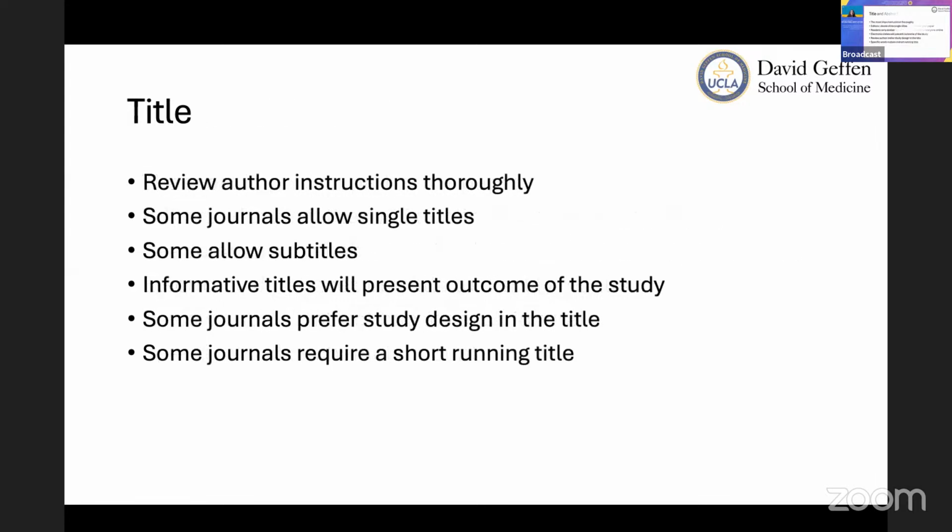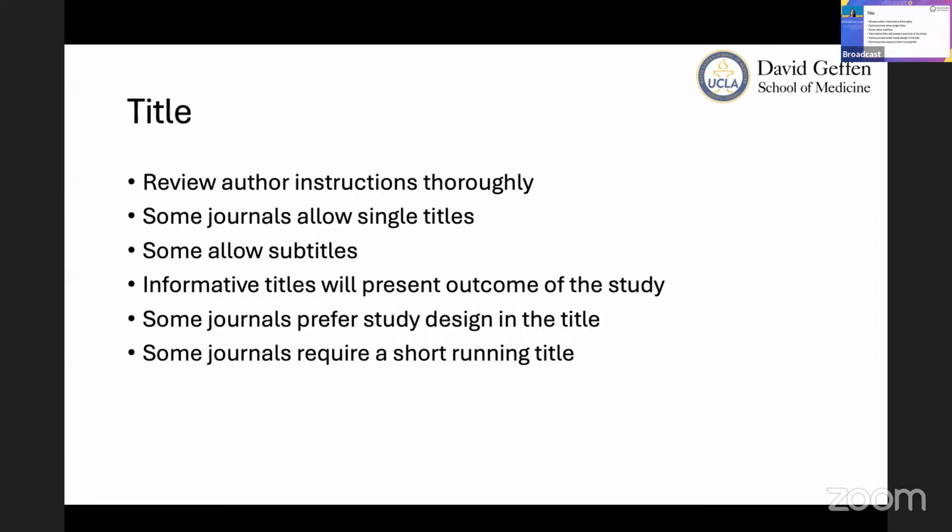Some journals allow single titles, some allow subtitles, and informative titles will also try to present some of the outcomes of the study. Some journals prefer to have the study design in the title.